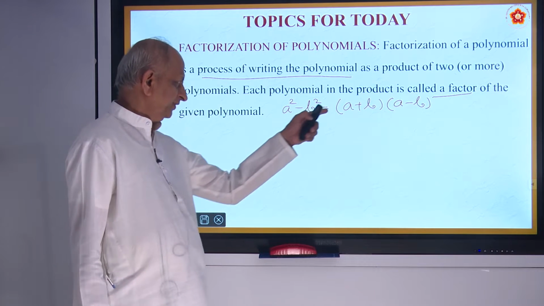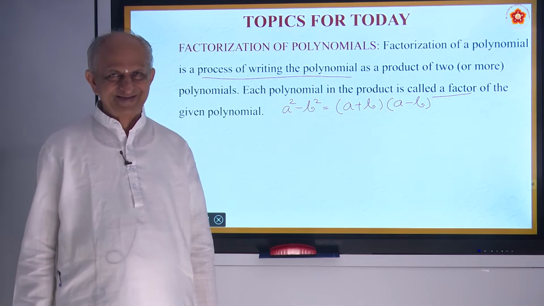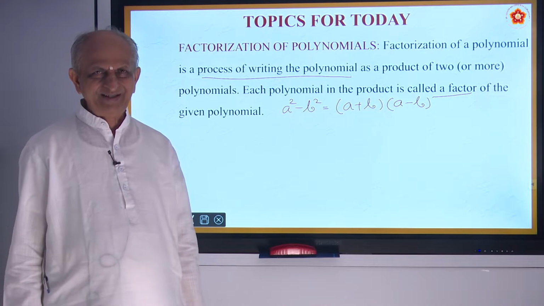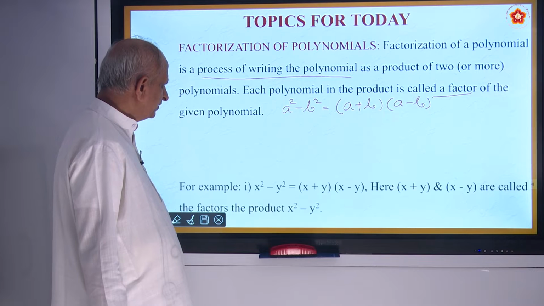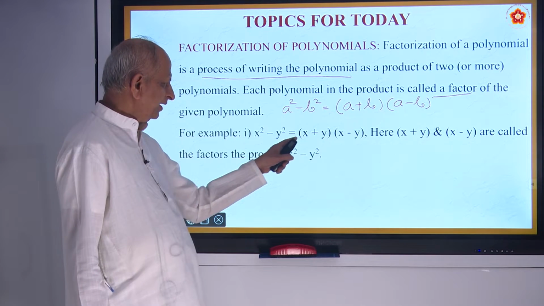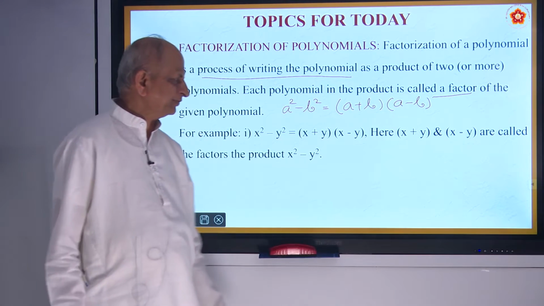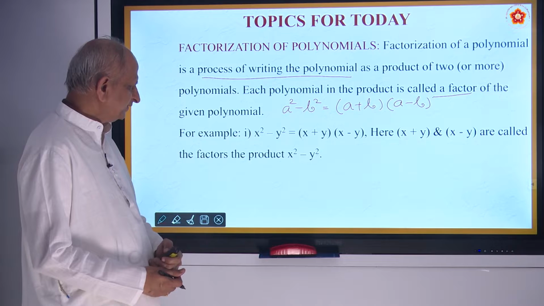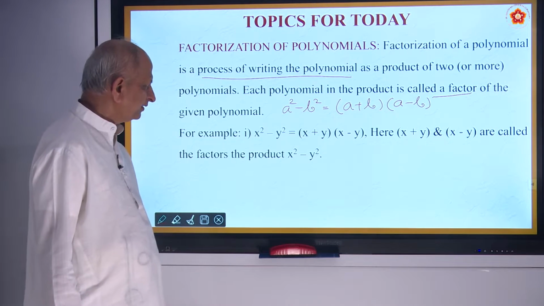And this process of splitting is called factorization. Okay? Very nice. Now we will see examples. So x² − y² is equal to (x + y)(x − y). Here x + y and x − y are called the factors of x² − y².